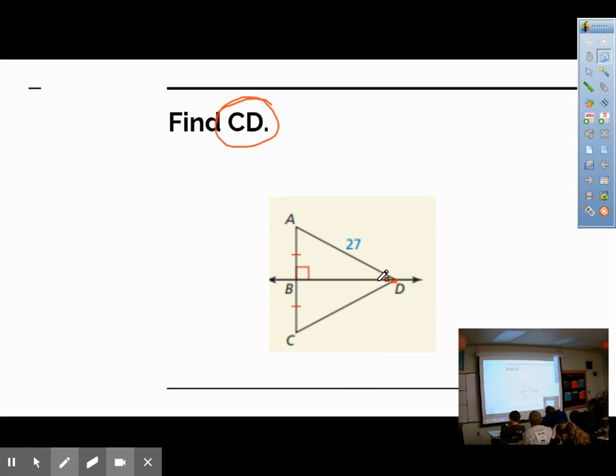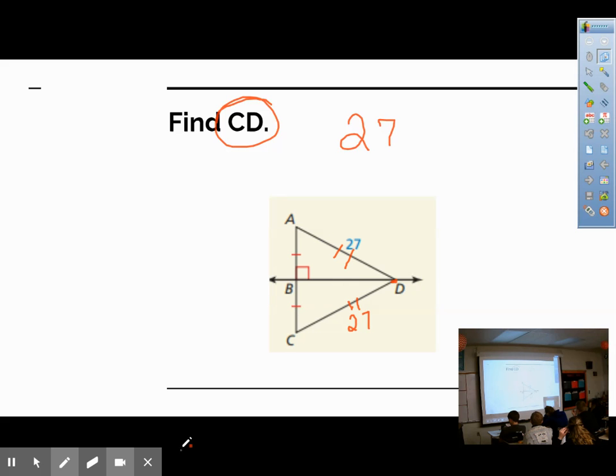That would make CD 27. How did you know that D was on the perpendicular bisector? Because AE and EG were congruent. Yeah, these two are marked congruent, and that's a perpendicular symbol. That means a right angle. So that means these two sides would be congruent.